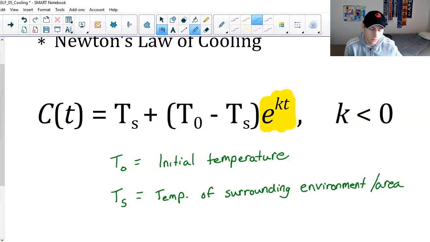Whether that's the temperature of the room, the fridge, or the oven, these things that are cooling down are surrounded by an environment that is colder than they are. That's why it's cooling, so we need to know that temperature as well.